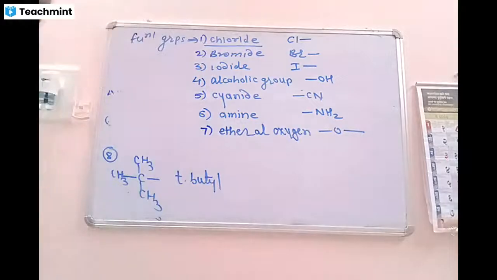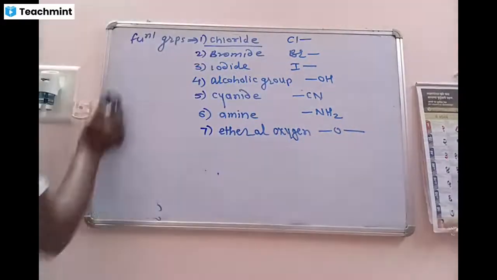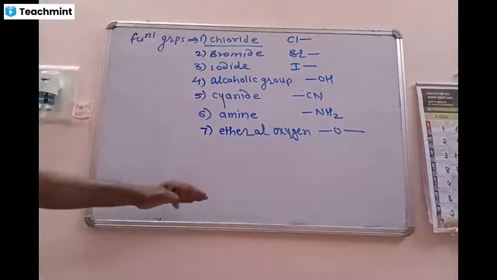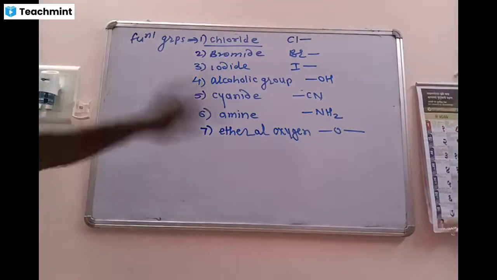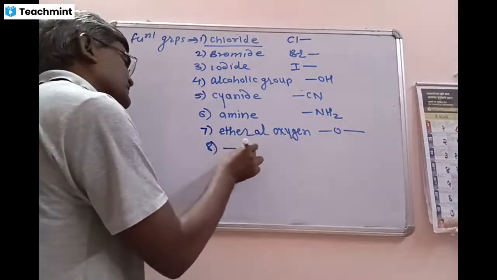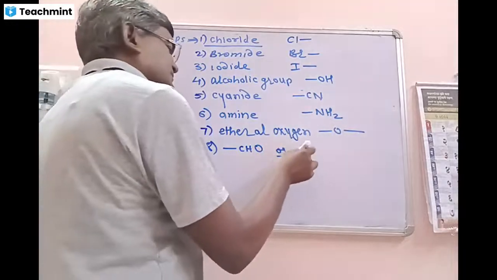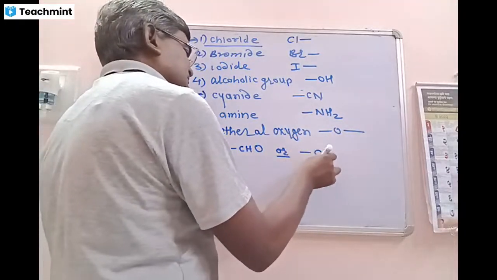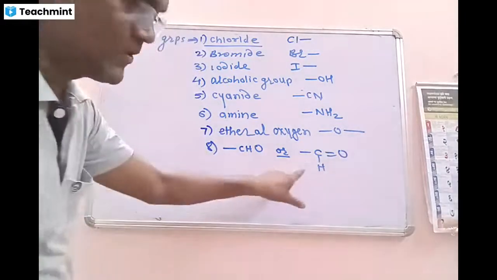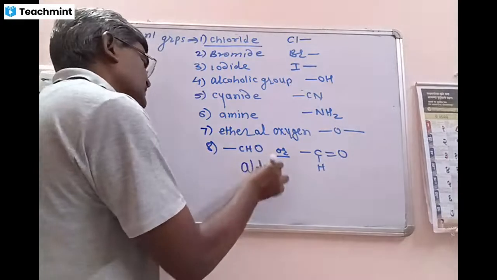कई सारे कंपाउंड्स आप बना सकते हैं. ये बहुत कम लिखे हैं मैंने, इतने नहीं लिखे जितने हैं. लिखते हैं. ऐसे भी लिखते हैं. जब किसी कंपाउंड में इस टाइप का ग्रुप दिखेगा तो हम उसको अल्डिहाइड बोलेंगे.